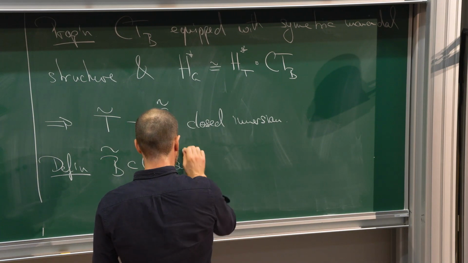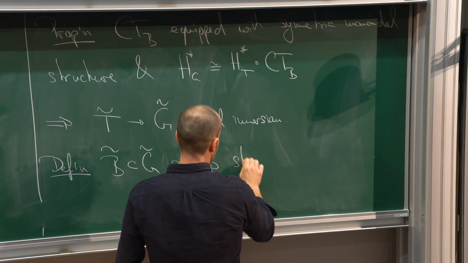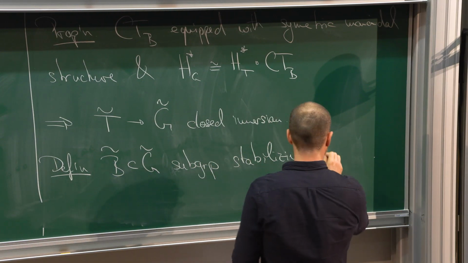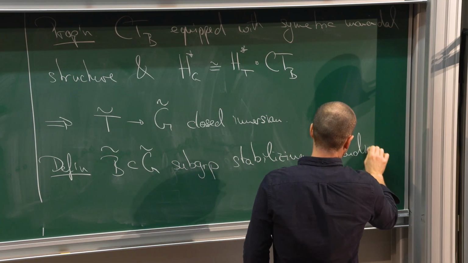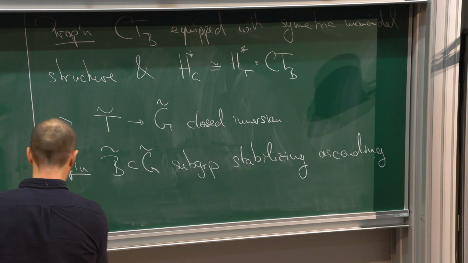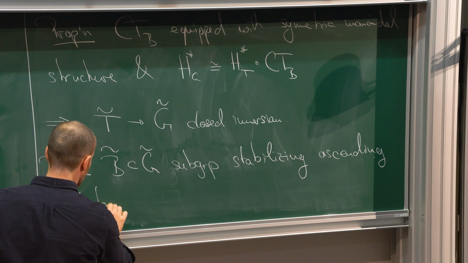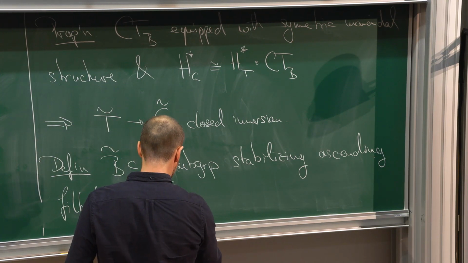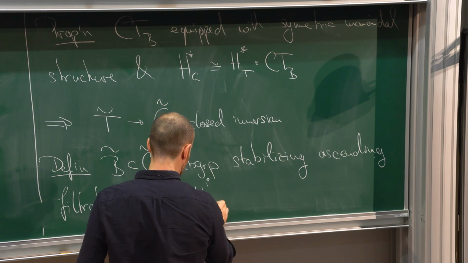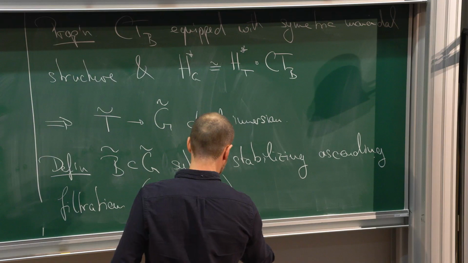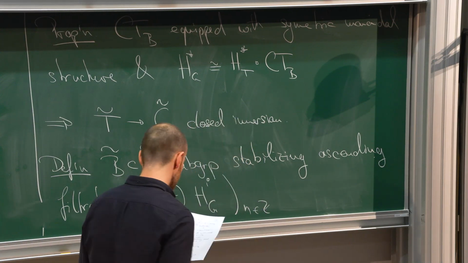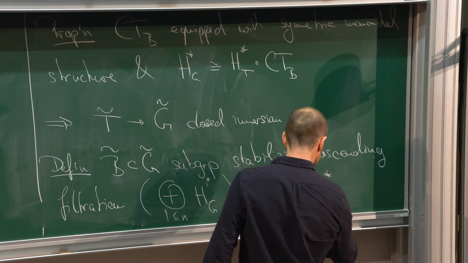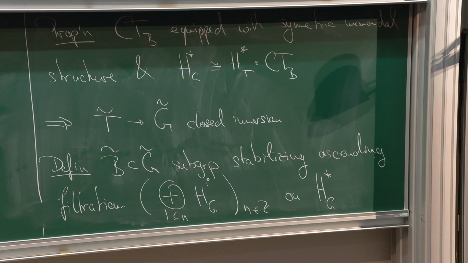That's a subgroup stabilizing the following ascending filtration, i less or equal to n, h_i on G, on the cohomology functor.